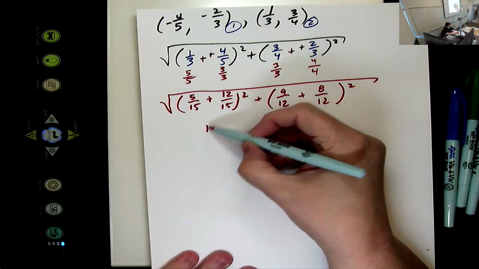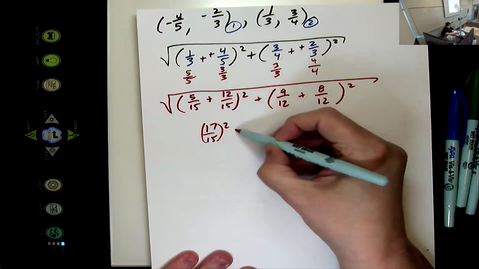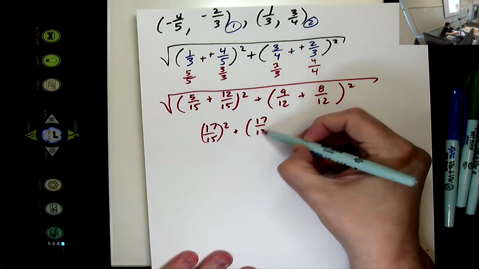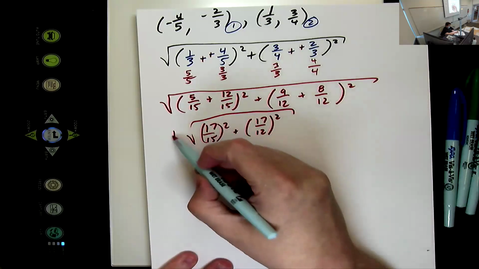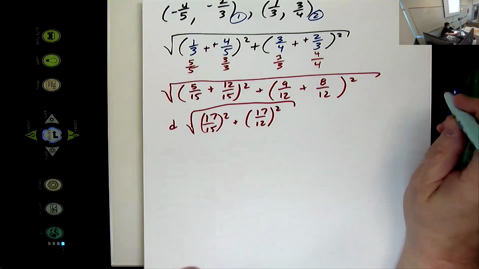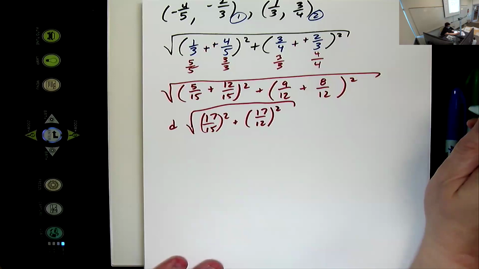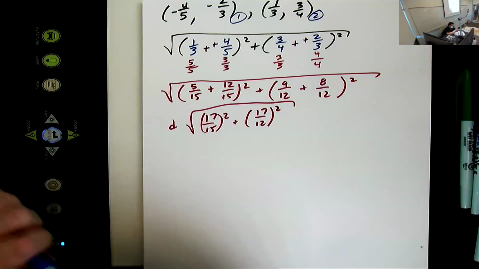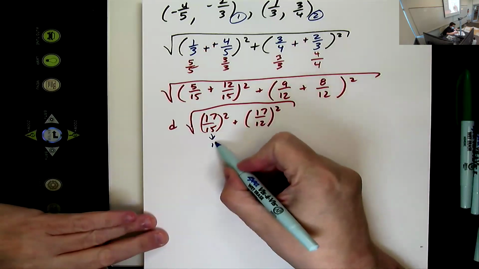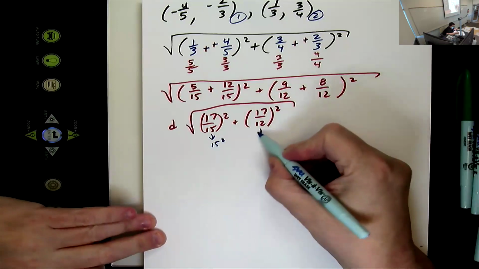So we got 17/15 squared plus 17/12 squared. If I multiply by the other denominators now, this denominator is 15 squared. That denominator is 12 squared.